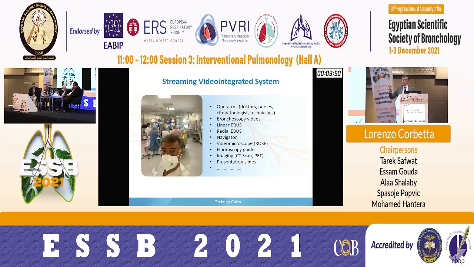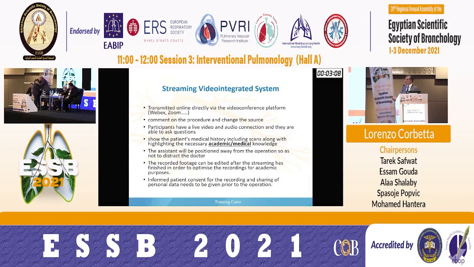Another improvement, this is our operating room, is the possibility to publish also the life inside our operating suite. Every day of the master, we connect with our operating suite and we transmit what the operator is doing: the bronchoscopy videos, the EBUS, the navigator, the video microscope, the fluoroscopic guide, the presentation of the case. This is transmitted online directly via the video conference platform, with the permission, of course, of the hospital and the patient.